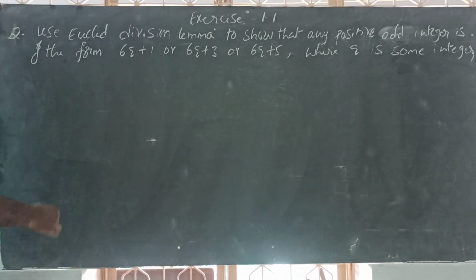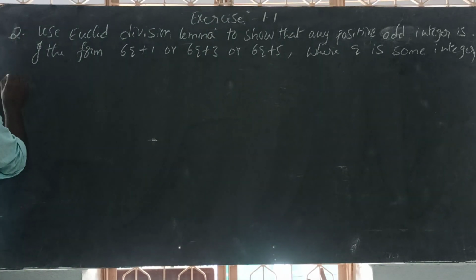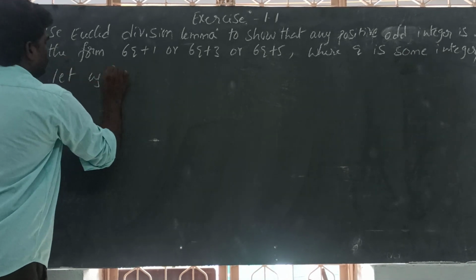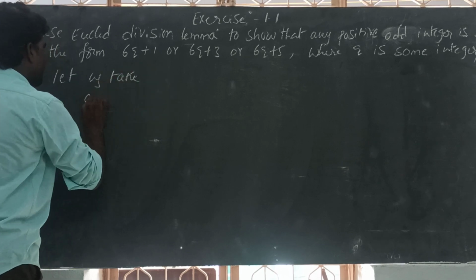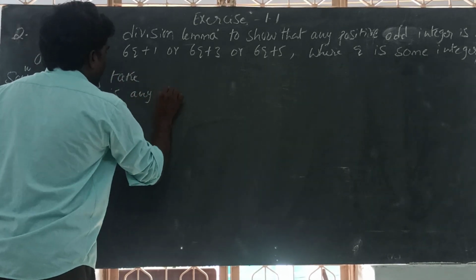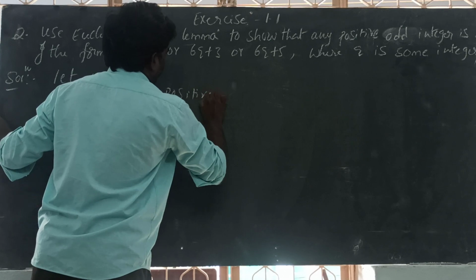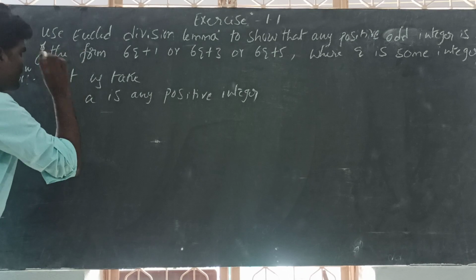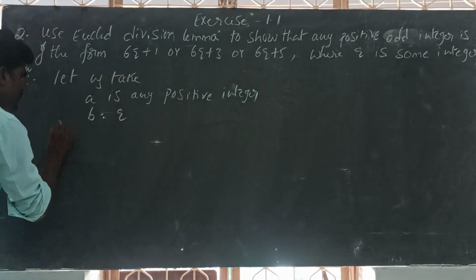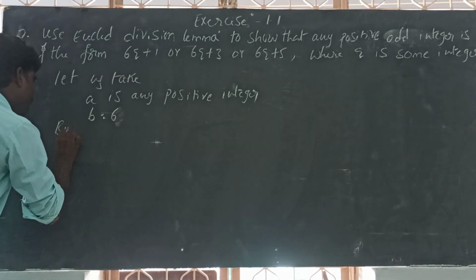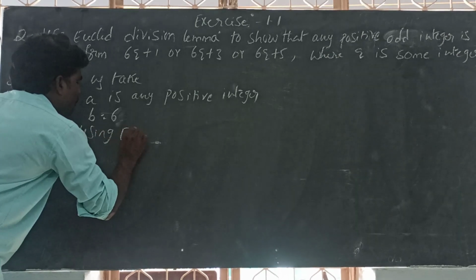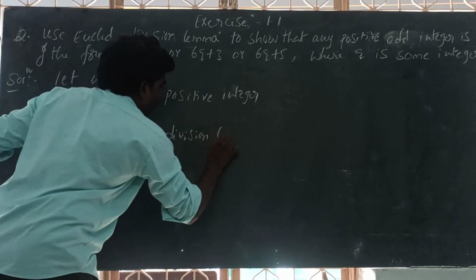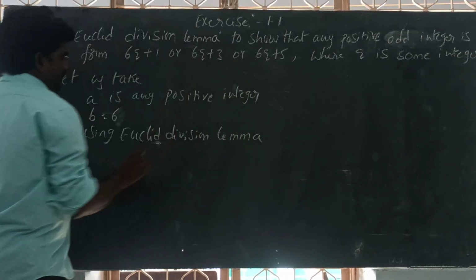How can we do that? By using Euclid division lemma. Let us take a as any positive integer. Here the divisor given is 6.